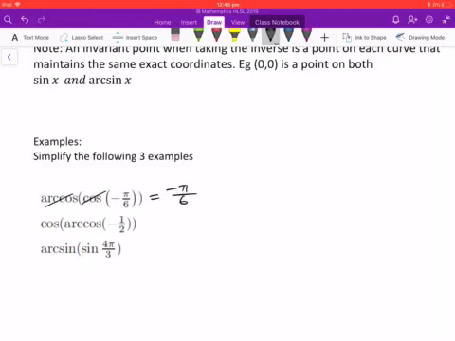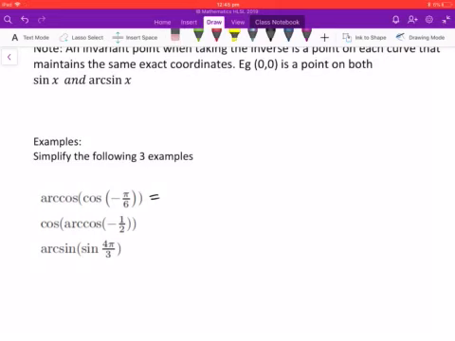If they cancel each other out, we can just cross it out. The problem with that is the definition. We could have taken any section of the inverse, but we've decided to take it from 0 to pi. Now, this is outside of that range from 0 to pi. So we need to modify this.